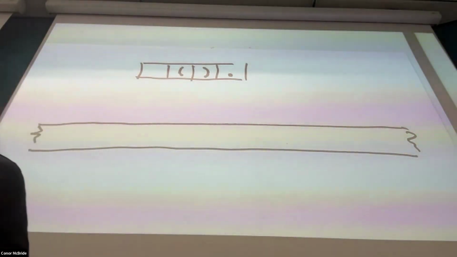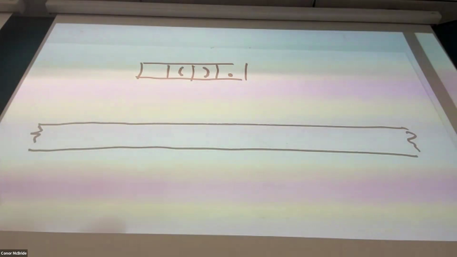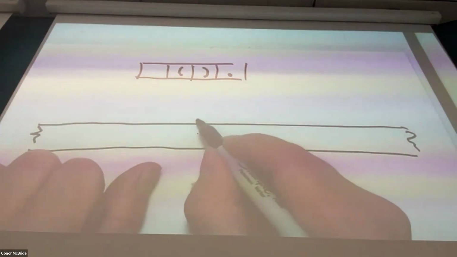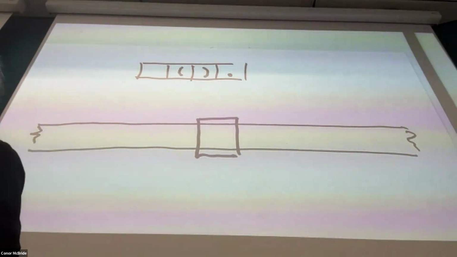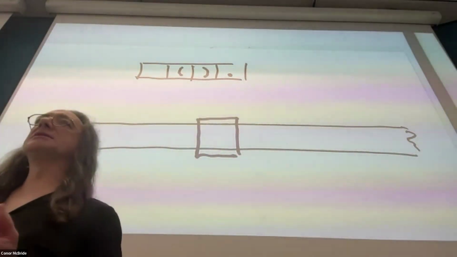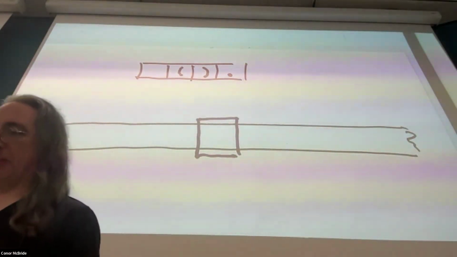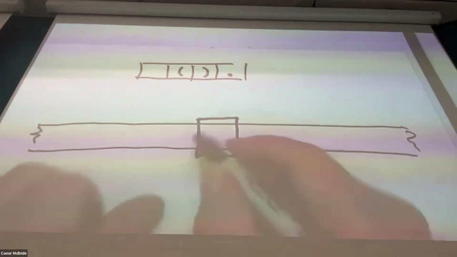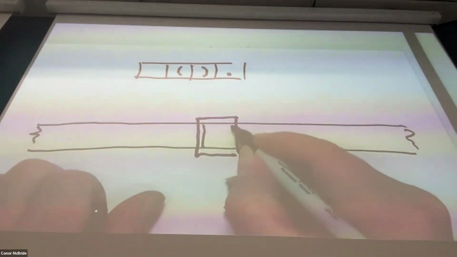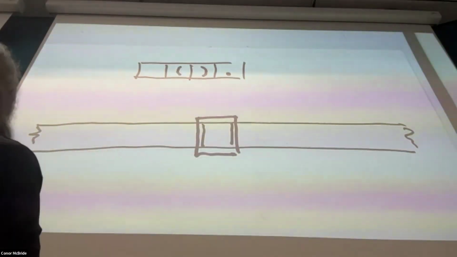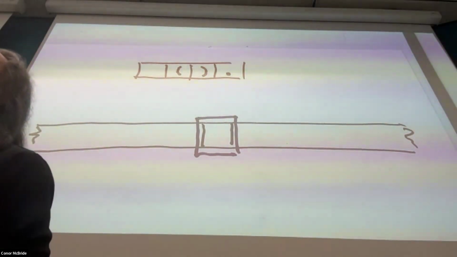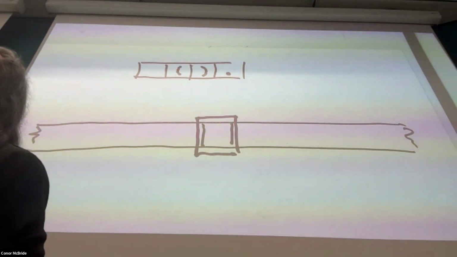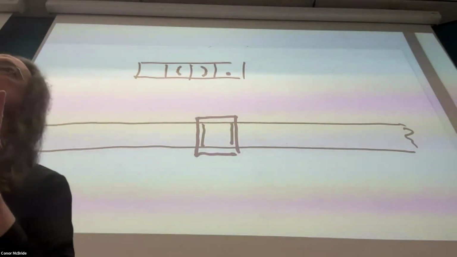So the Turing machine has a tape head through which we are looking at one symbol that is currently on the tape. And by convention, the Turing machine will start with the leftmost non-blank symbol. How do I know there is one?